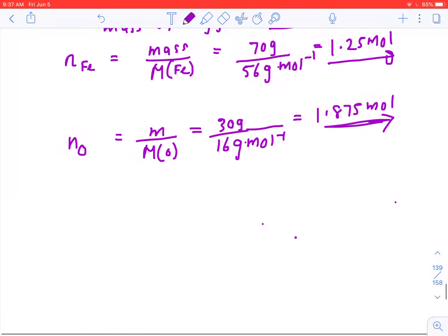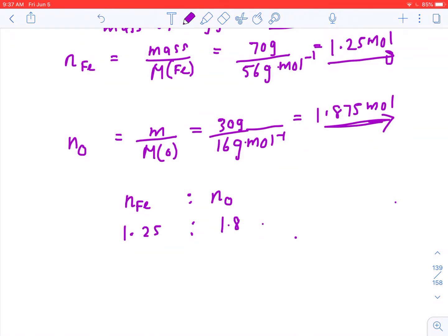Now we have N of Fe is to N of O, which means 1.25 is to 1.875.